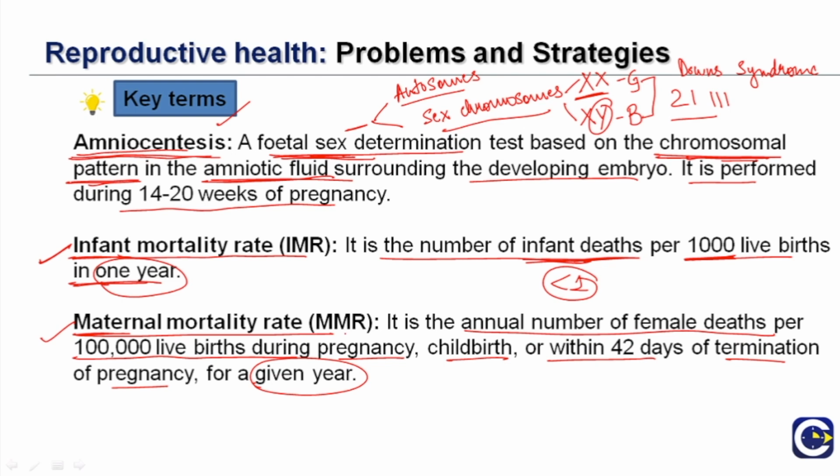So in maternal mortality rate, the number of female deaths that have taken place either during pregnancy, childbirth, or within 42 days of termination of pregnancy per 100,000 live births is known as the maternal mortality rate. However, due to advancements in science and technology, both the infant mortality rate and the maternal mortality rate have been decreasing.